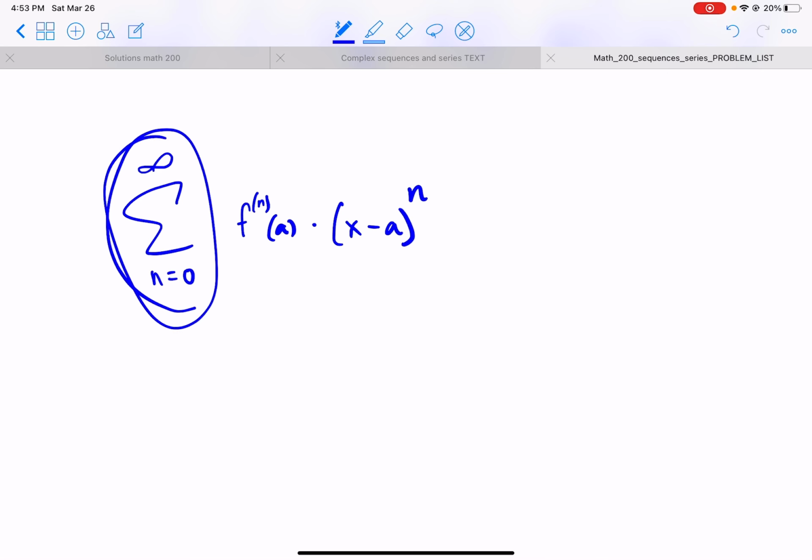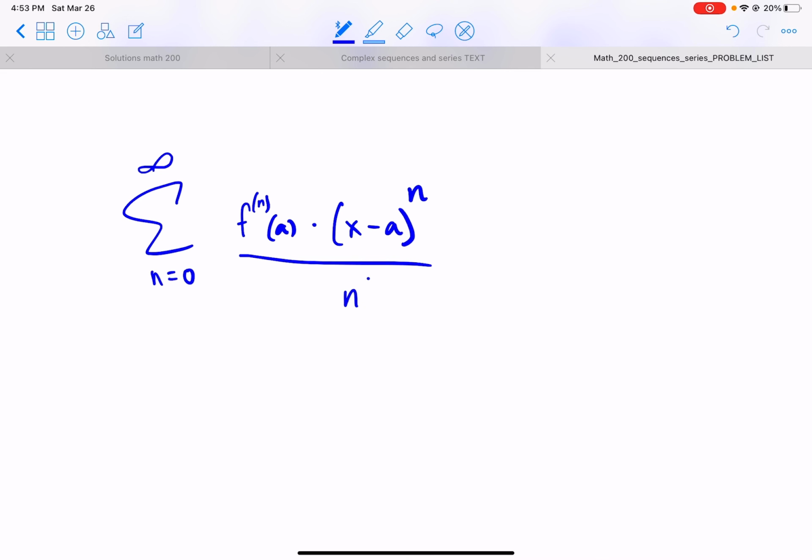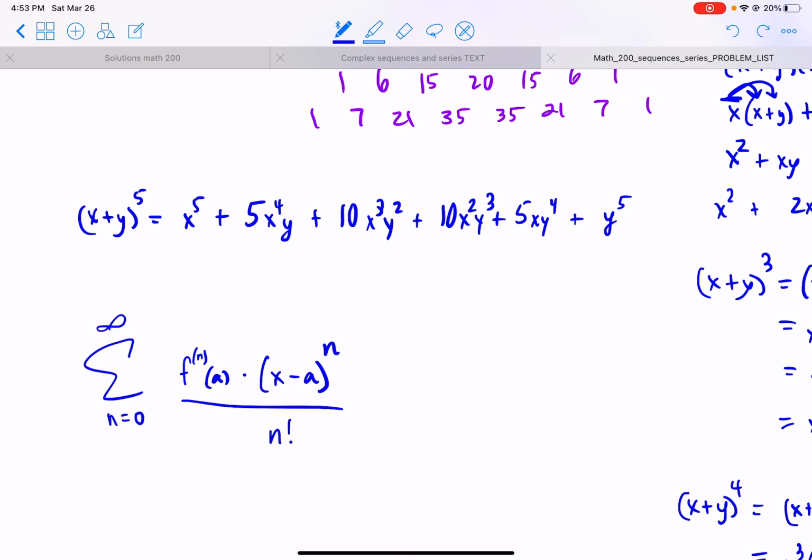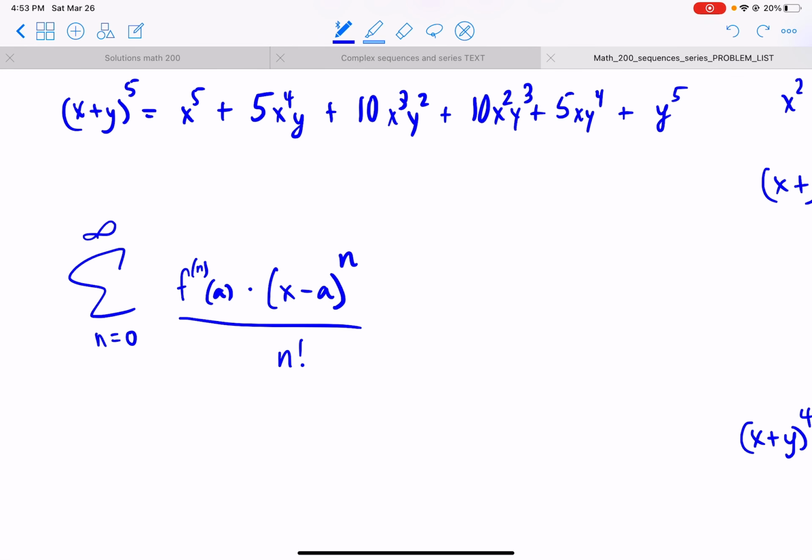And n is going to go to infinity, and we're going to have to divide by n factorial. And anyway, you might as well just get used to these kinds of things. They're super useful. So this is called Taylor series.